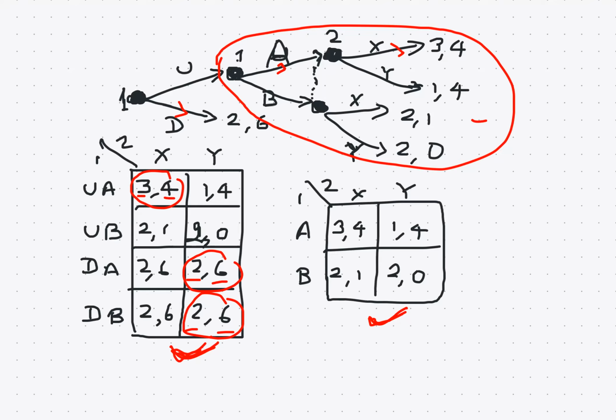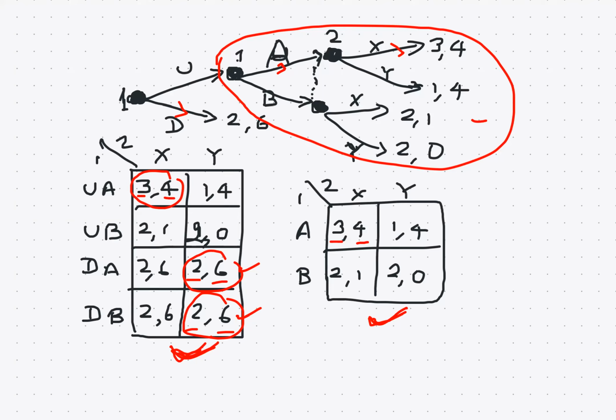To see this, let's look at the proper subgame, right? It has only one Nash equilibrium, AX. So in this proper subgame, we have just one Nash equilibrium, AX. The strategies DAY and DBY are not subgame perfect because they do not specify Nash equilibria in the proper subgame.